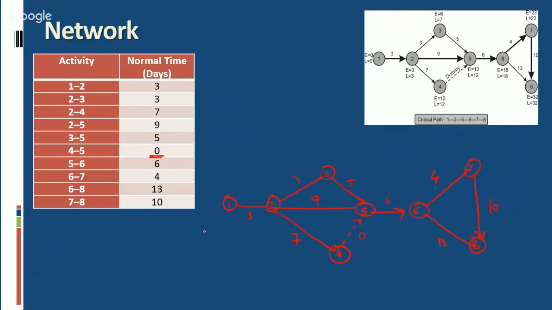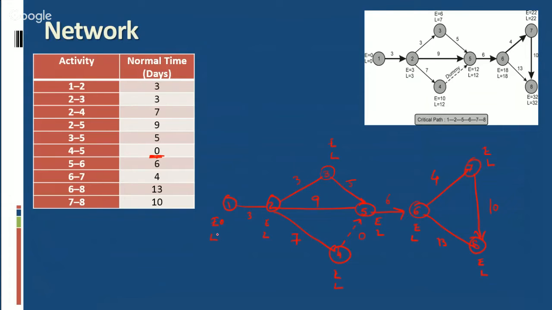Now we will find E and L for each activity. This step we are doing to get our critical path.